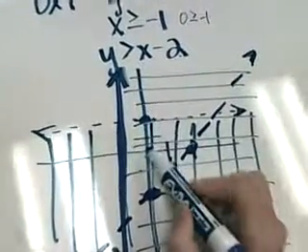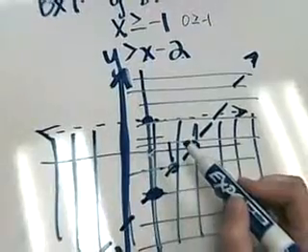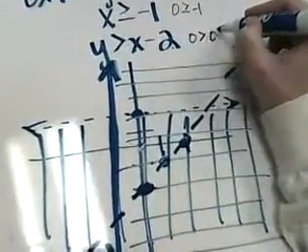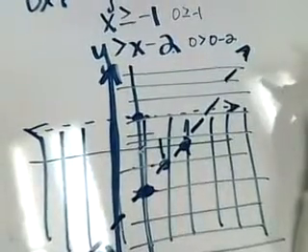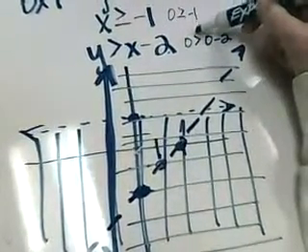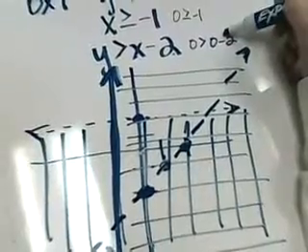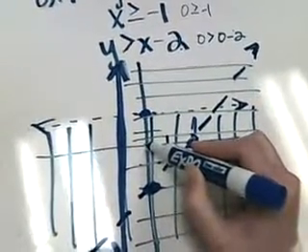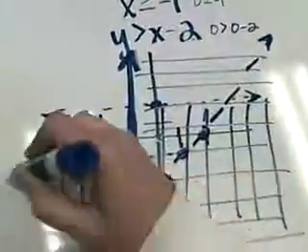And then how do I know where to shade? I'm going to again pick 0, 0 since it's not on my line. Is 0 greater than 0 minus 2? Well, that would be 0 is greater than -2. Yes, 0 is greater than a negative number. So I'm going to shade in the direction of this point. I'm going to shade up.